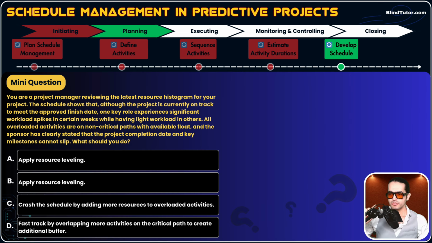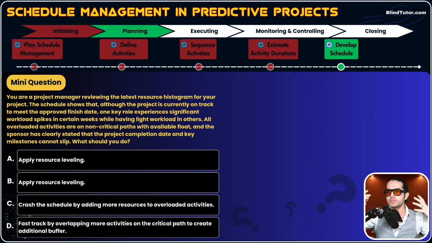If the x-axis is time, it shows, for example, week 1, week 2, week 3 till week n. And it shows how many resources we need for week 1, how many for week 2, how many for week 3.